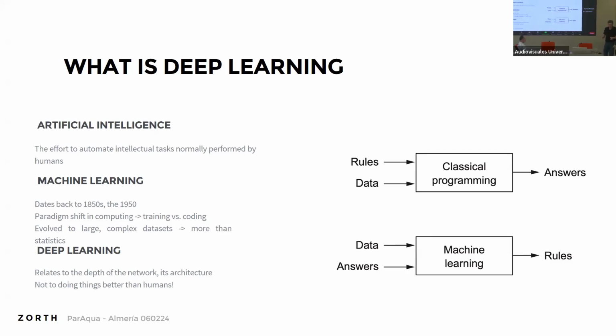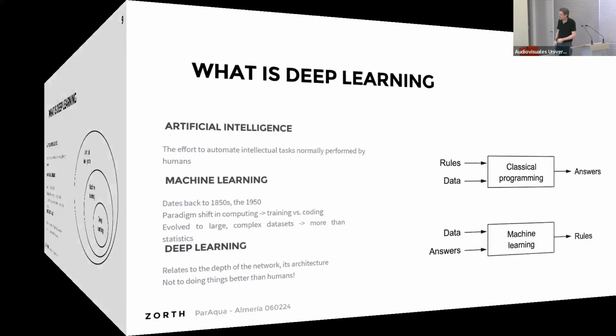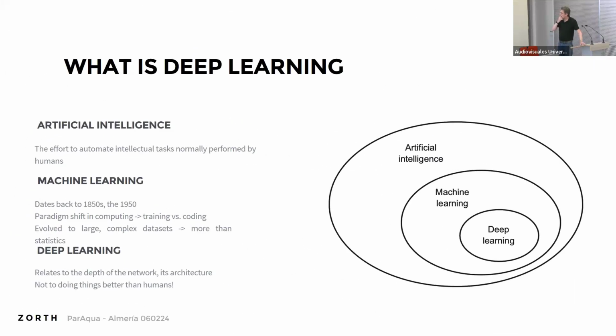So this is what machine learning is. Now, deep learning, go back to the previous slide. Deep learning is a subset of machine learning. It's really more a trade name than anything else, unfortunately. Deep learning relates to the machine. What is the machine? The machine is a set of logic layers, mathematical operations that apply on very large data sets.